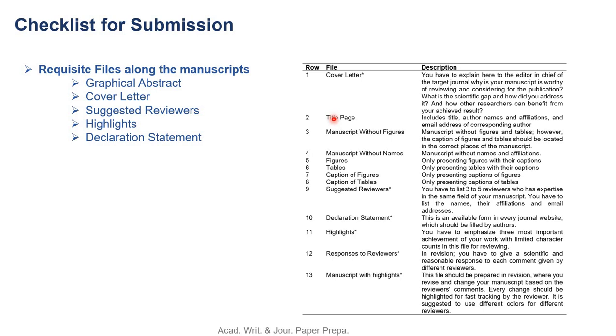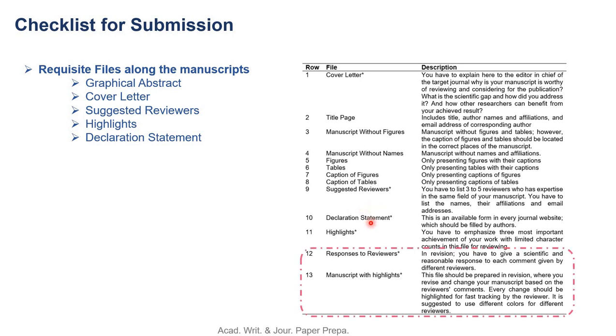Another file is figures: a separate file containing only the figures, usually in high resolution, each with its caption. The same for tables: a separate file containing all tables with their respective captions. Even sometimes, figure captions and table captions are required as stand-alone files to assist with layout and formatting.